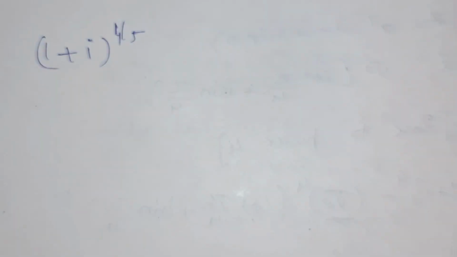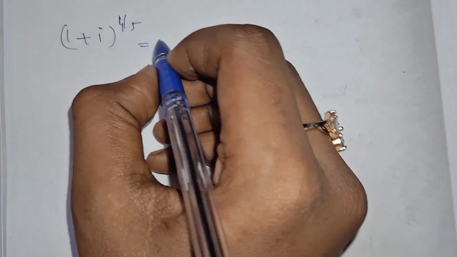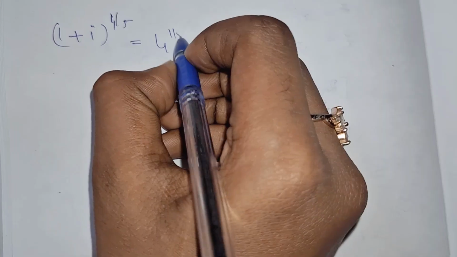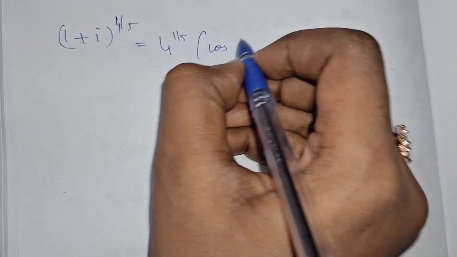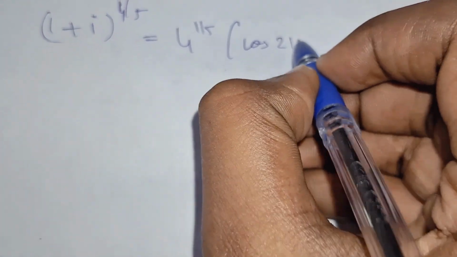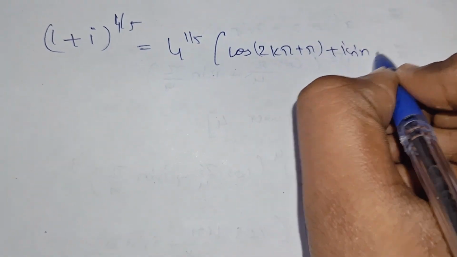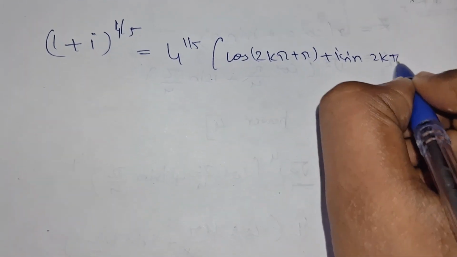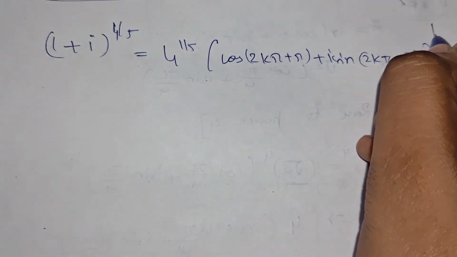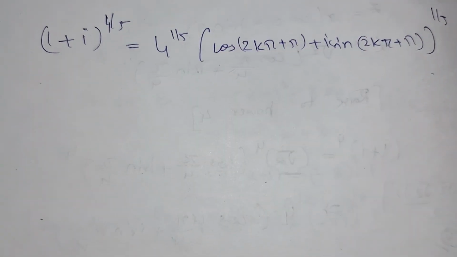Raising it to the power, I will get (1 plus i) to the power 4 by 5, which is equal to 4 to the power 1 by 5 (cos (2k pi plus pi) plus i sin (2k pi plus pi)) to the power 1 by 5.